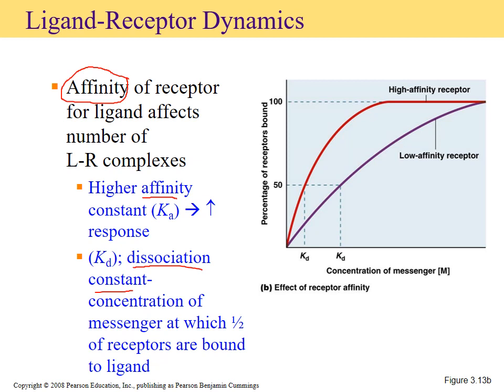On the other hand, if you have a low affinity, then you're going to have to secrete the messengers at higher concentrations before you can get to your dissociation constant. So a high affinity means a low dissociation constant, and a low affinity usually means a high dissociation constant. All right?